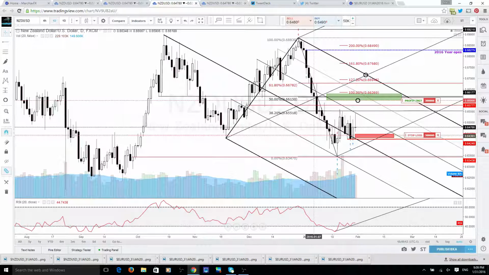So slope is important, and of course horizontal levels, definitely important. What else is important? If you look at the low here, actually, if you look here, daily reversal support came in pretty much at the same place. So if you had slope here and daily reversal support, that's two indications that this level is very important.